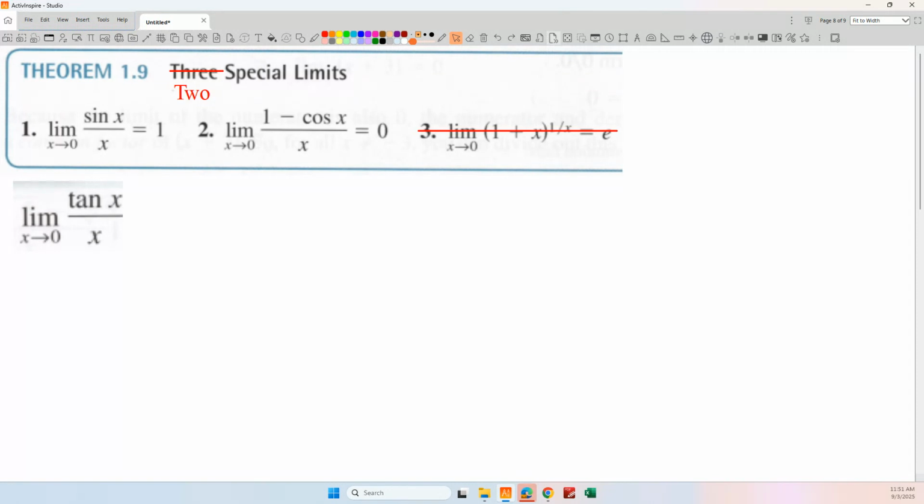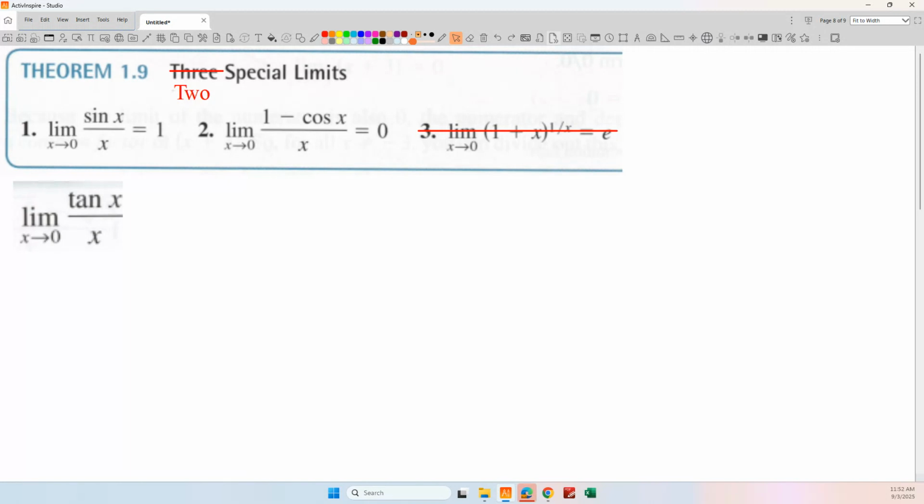This time we're playing a little different game. We're not really able to conveniently coax an x out of the top because the x is the argument of a trig function. It's really difficult to get that x out in front of the trig function. So we're going to try to use algebra and trig identities to rewrite this with one of the factors being one of our known trig limits.